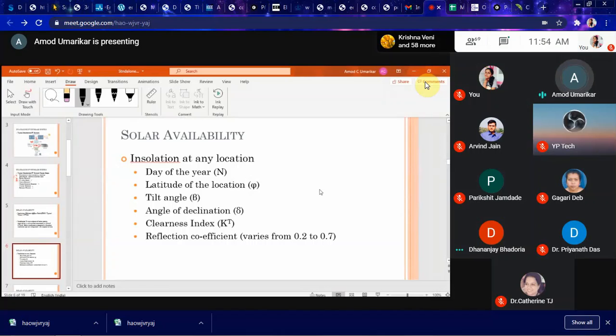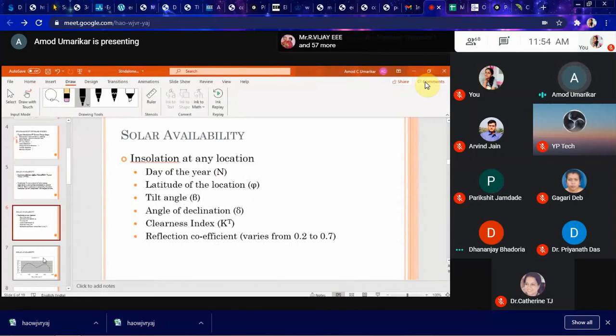Based on this, you can design a formula, which I have not taken here. There are many research papers available on how to find insolation at a given location. Of course, the major factor is the clearness index, because the other things are quite fixed, but the clearness index and reflection coefficient, mainly the clearness index, must be taken into account.